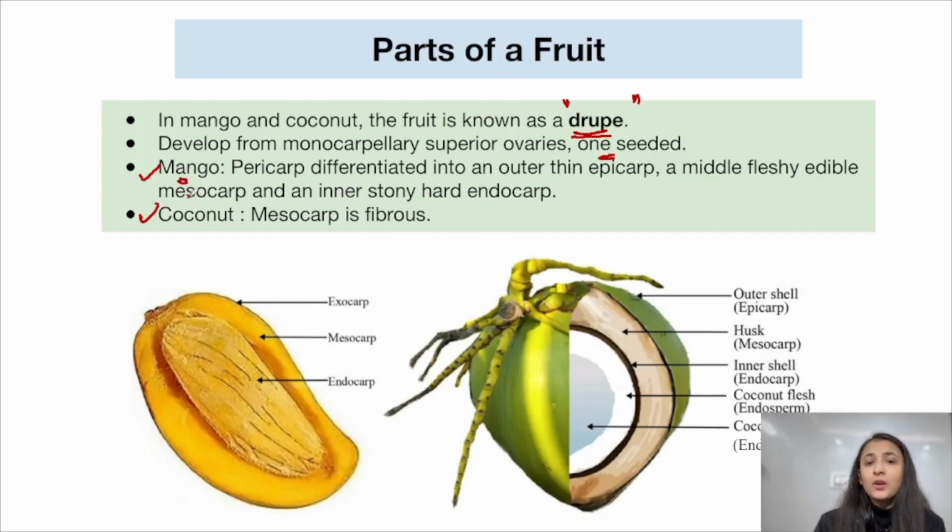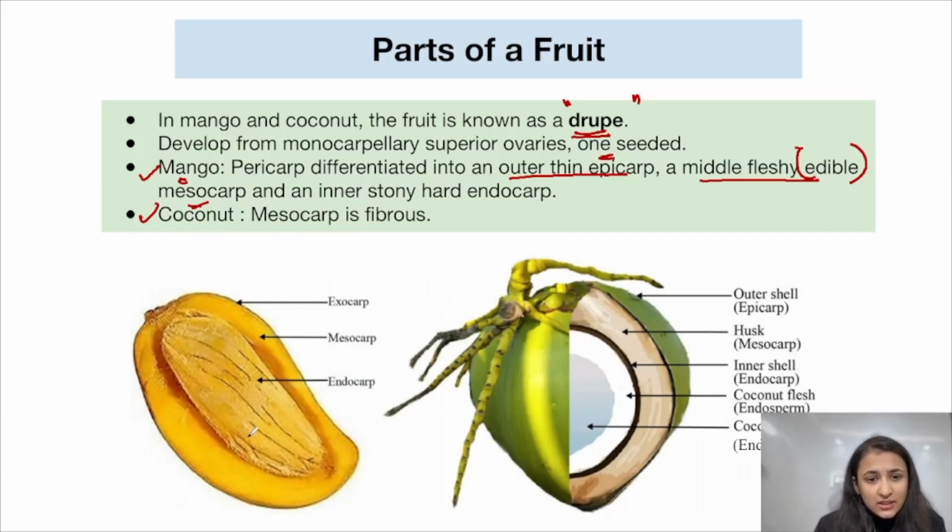So in case of mango, the pericarp is differentiated into an outer thin epicarp. See, this is the outer thin exocarp or epicarp. We remove this layer when we consume mango. We eat the middle fleshy edible mesocarp. Note the term edible. Edible is mentioned here because that is the portion that we are consuming while eating mango. Then the inner stony hard endocarp.